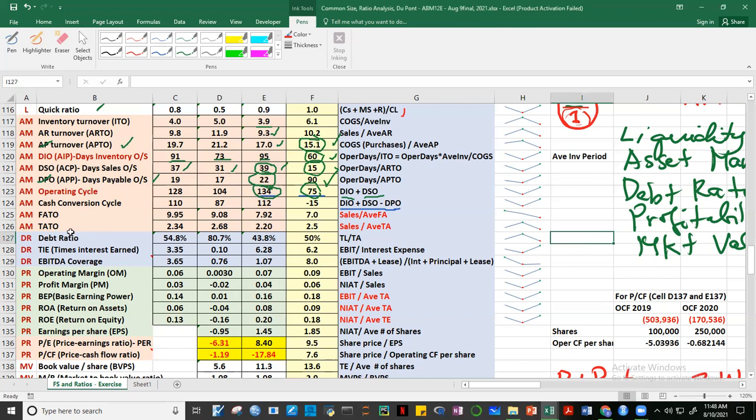Okay, FATO and TATO. Sorry, guys, I made a mistake in the formula here. What I gave you was net income after tax, but it should be sales. Net income after tax over total assets is not your TATO. Notice that the numerator is from the income statement, while the denominator is from the balance sheet.